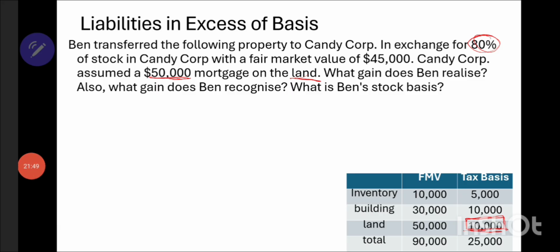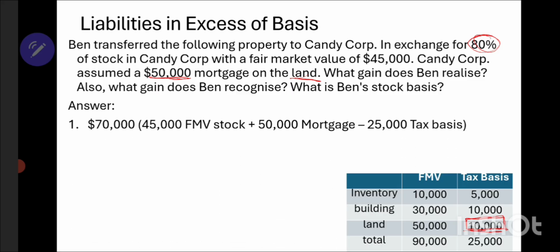Okay, so this is another formula heavy slide. We're going to realize a $70,000 gain. We're going to take the fair market value of the stock, $45,000. We're going to add the $50,000. And then we're going to subtract out the tax basis, which we find down here. So that's the fair market value of the stock, and that should make sense, because this is usually what we would say our assets are valued at.